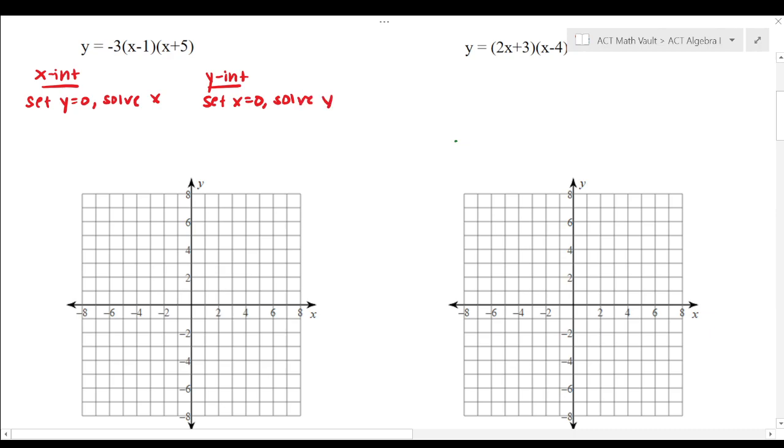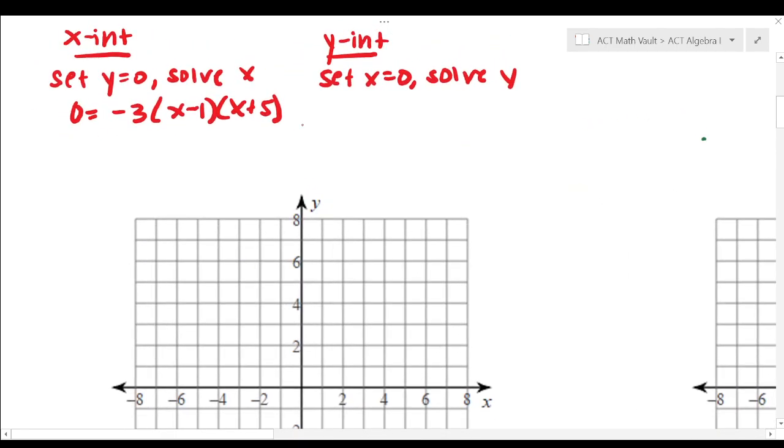So, okay, if I have 0 equals -3 times (x minus 1) times (x plus 5). I'm thinking about if 0 is equal to this whole product, then at least one of these pieces must be 0, right? We know it's not this first one, it's -3.